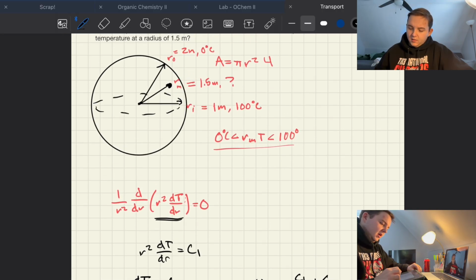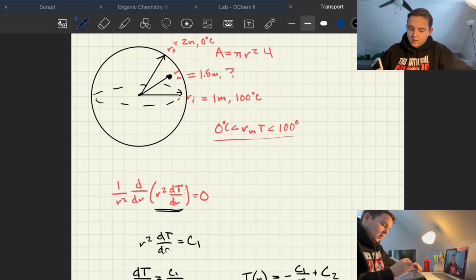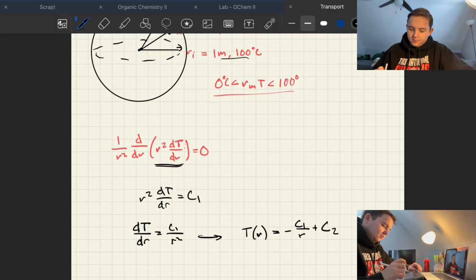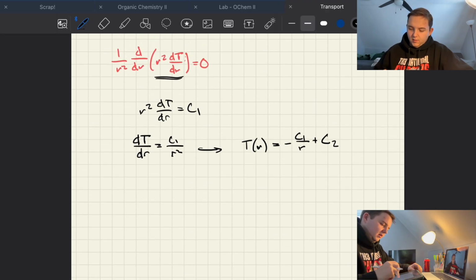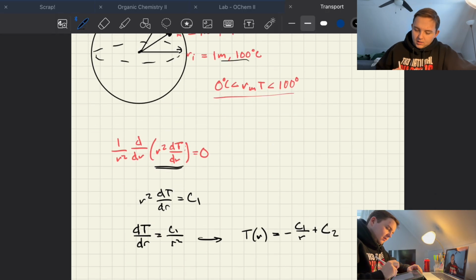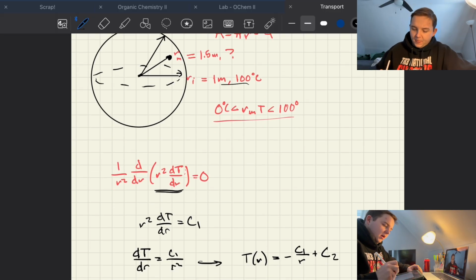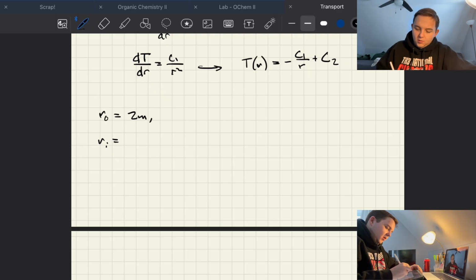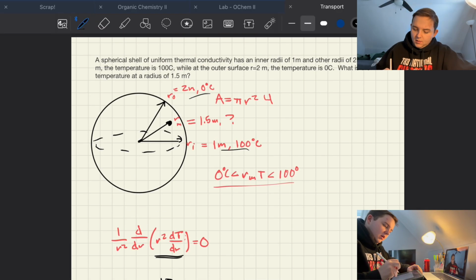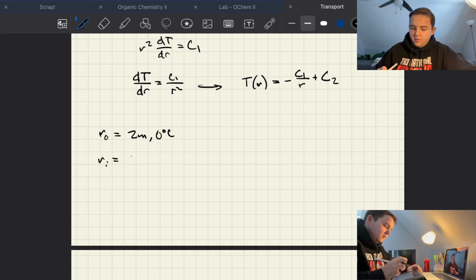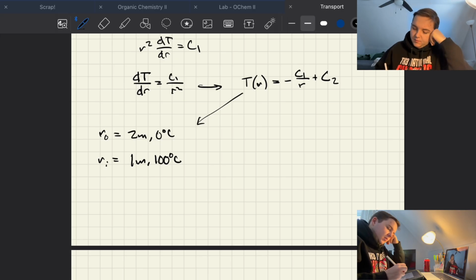Okay, that looks good. And now we can use what we know from up here to move on. At r outer we have 2 meters and 0 degrees Celsius. And at r inner we have 1 and 100. So now we can put this equation in here.